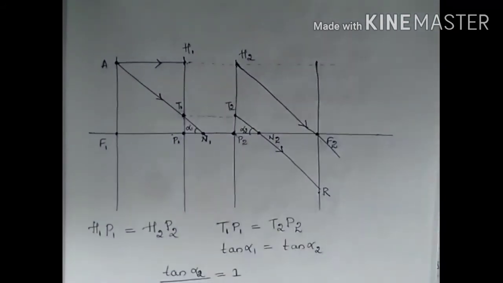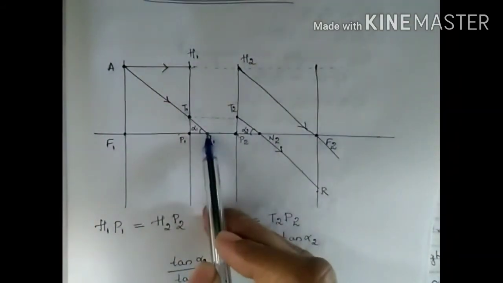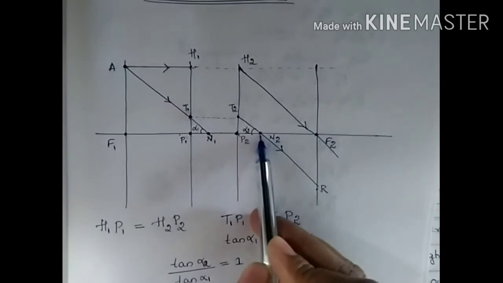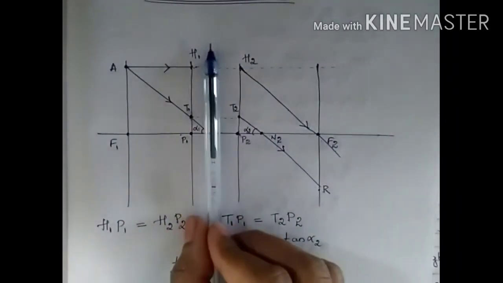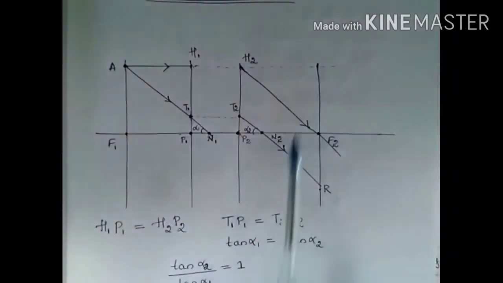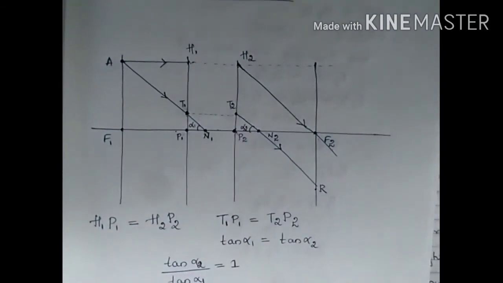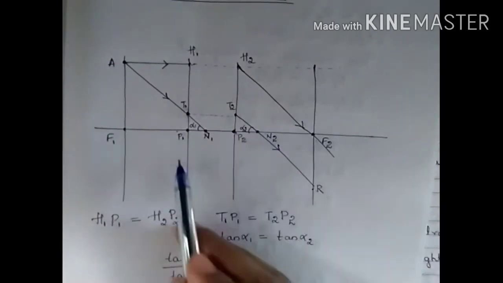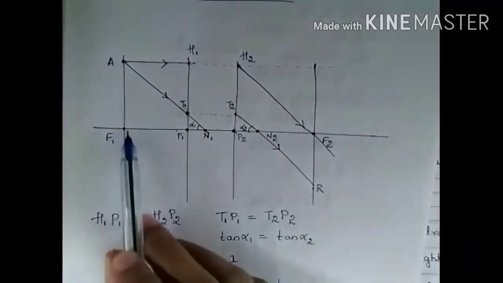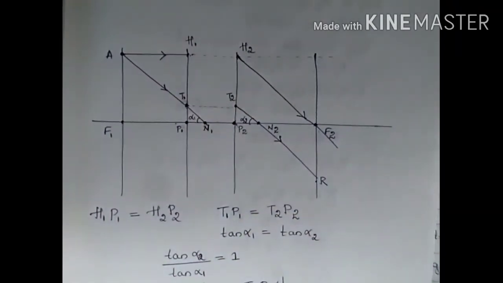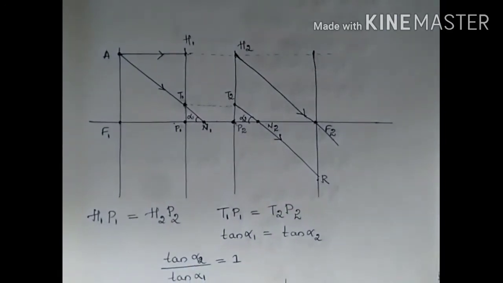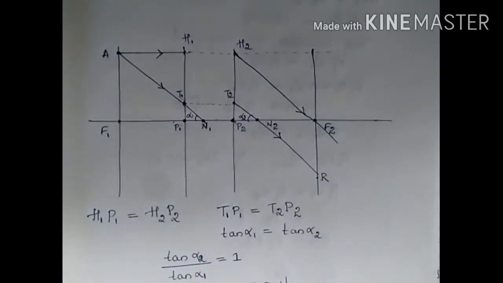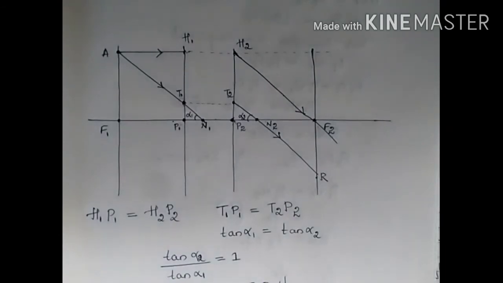If I have to show you the planes which pass through these points N1 and N2, and if they are perpendicular to the principal axis, then such planes are known as nodal planes, and these points N1 and N2 are nodal points. P1 and P2 are principal points, F1 and F2 are principal focus points.